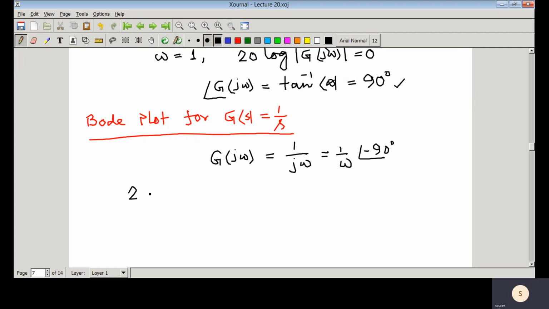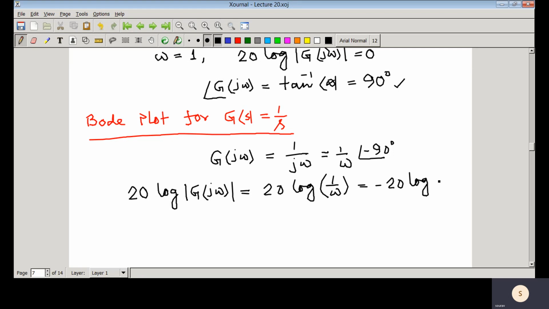So in dB scale, that is 20 log of the magnitude of G(j omega), which would be 20 log 1 by omega, and that is minus 20 log of omega. Again, in dB scale, this is y and this is x, so it would actually be a negative slope of minus 20 dB per decade.